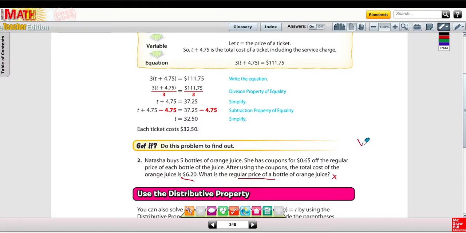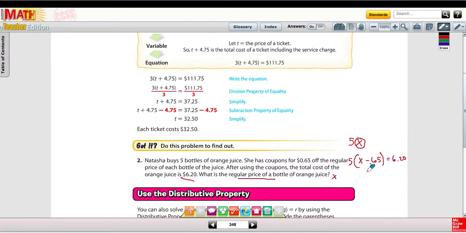So we have a bottle of orange juice that we don't know the cost of, but we do know she bought 5. So we're going to take 5 times x, okay, and we're going to actually take that x value, the price of the bottle, minus 65 cents, and then we're going to multiply that by 5 to get $6.20.